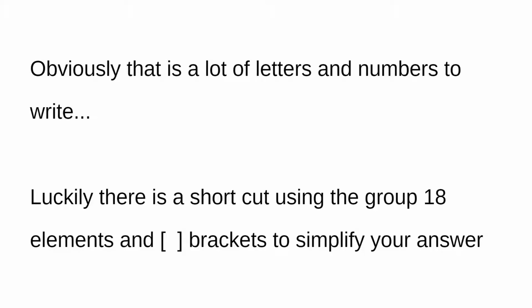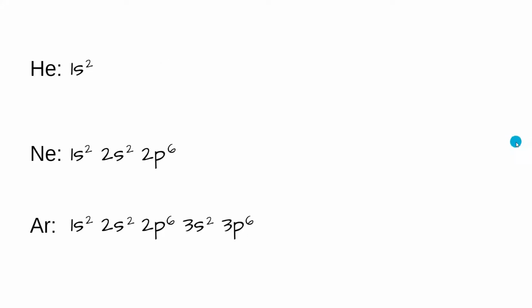or 30s. There is a shortcut that you can use based on the group 18 elements and using brackets to simplify it. You don't have to simplify it. You can just stick with the full version of writing the whole thing out. Both will be marked correct in your exam. If you want to, you can use your group 18 elements as a shortcut.